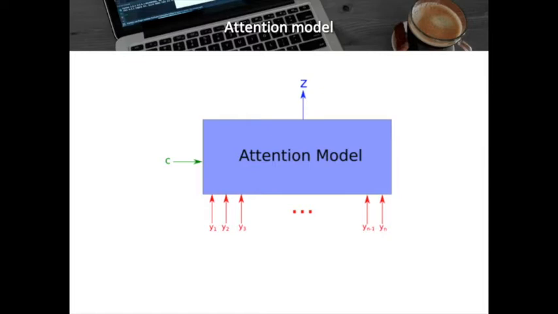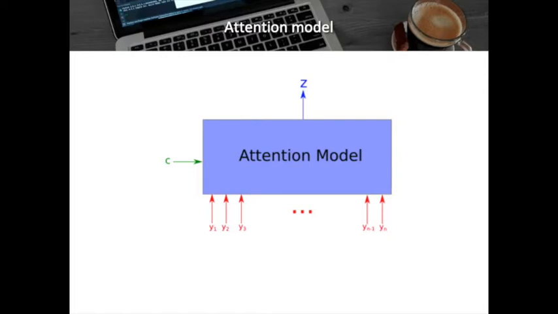The output vector z is then seen as the summary of the y's. Again, the idea is that we focus on the information that is linked to the context c, and we're going to see this in more mathematical terms later.